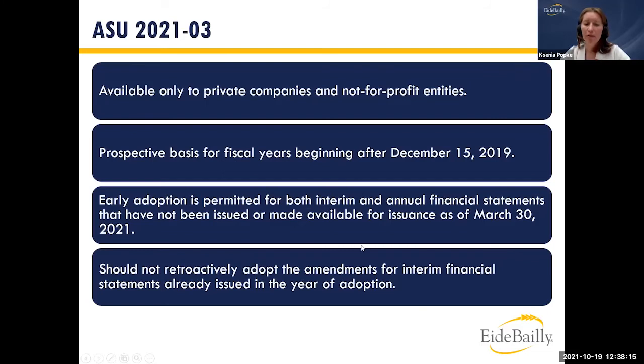And again, you could see that this particular standard doesn't really quite follow the regular effective date guidance, because it was issued fairly quickly, but early adoption is permitted for both interim and annual financial statements that have not yet been issued or made available as of the time that the standard was issued.